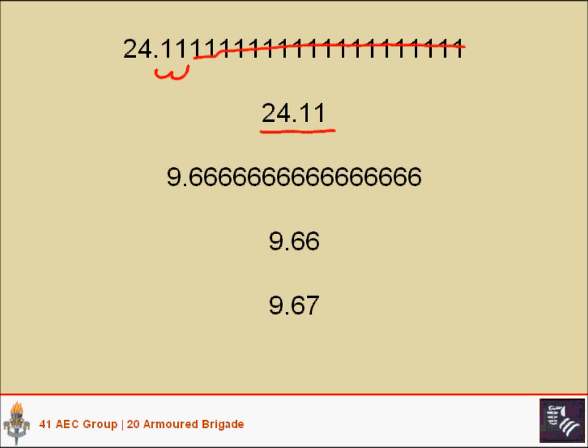However, if the recurring number is 5 or more, then we have to round the answer up. We must round up the second figure after the point. For example, if our answer was 9.666 recurring, then the answer would be 9.66 rounded up to 9.67.